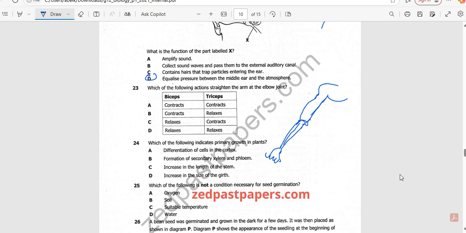So we want to straighten your arm like this. These are what you call the biceps, and these are the triceps.